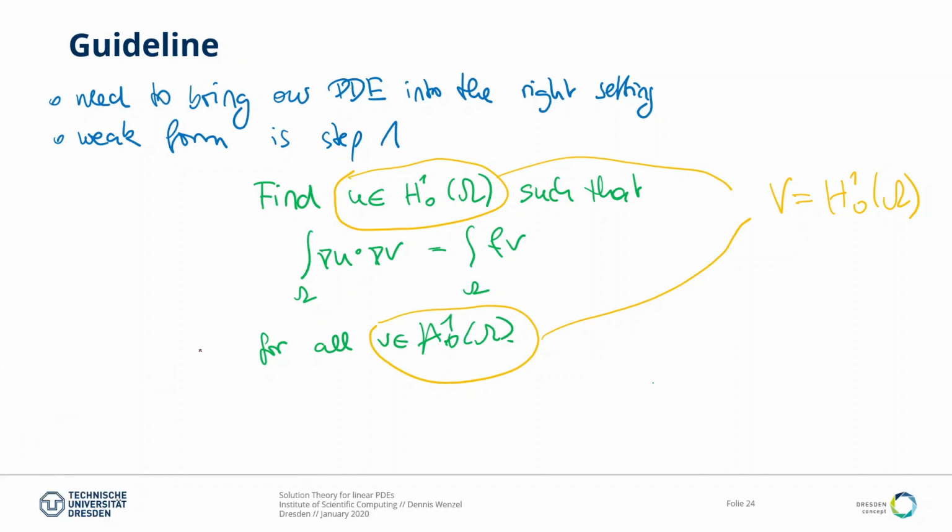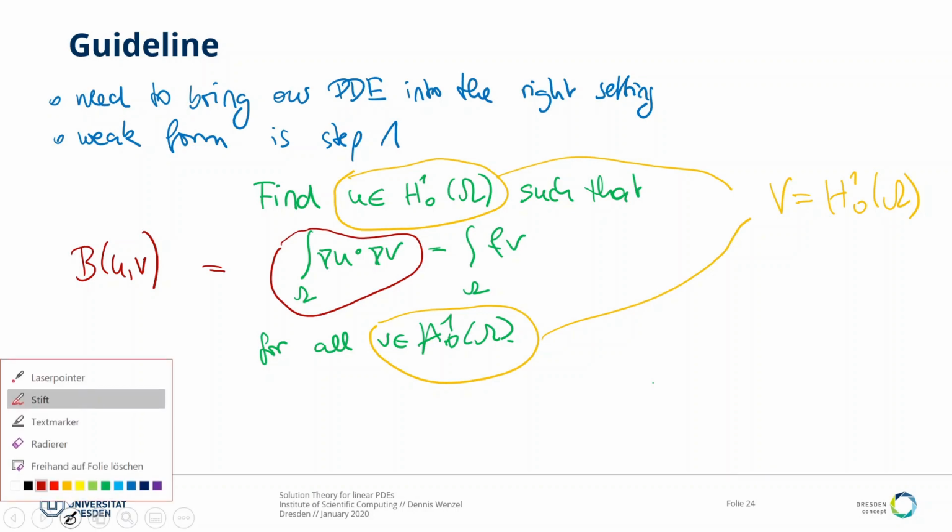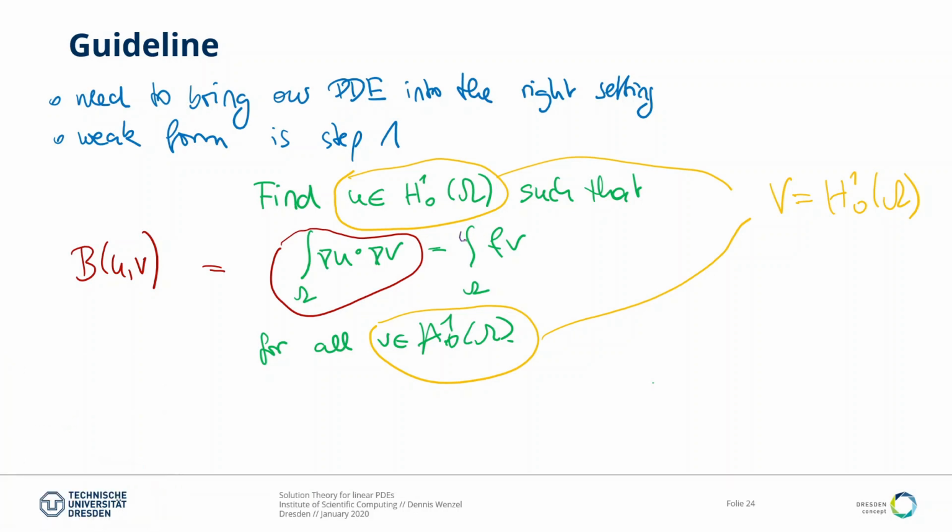So we can simply take this out here and say this is B of u and v. And on the right-hand side here, this is a linear form because for some fixed f, this only has variable v. And this is also linear, of course. Okay, so then we can also take this part here out, and this is called L of v.